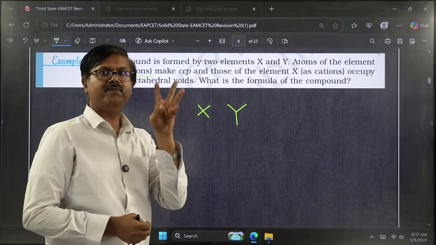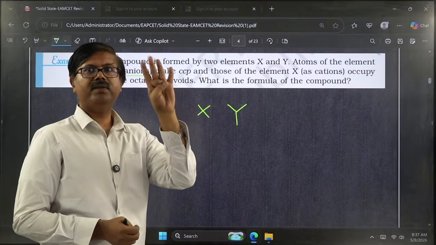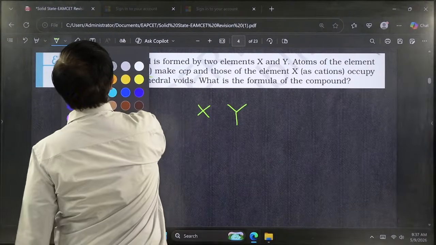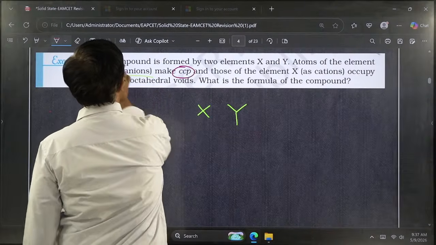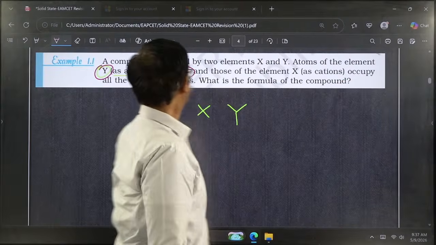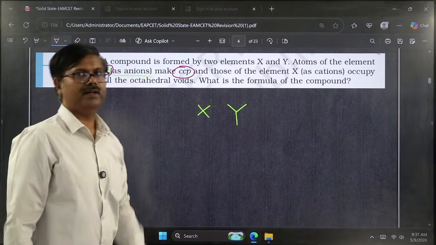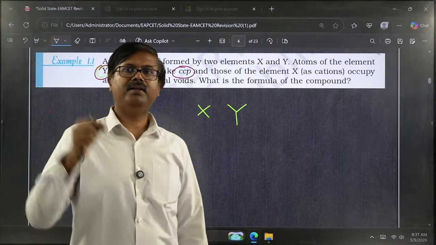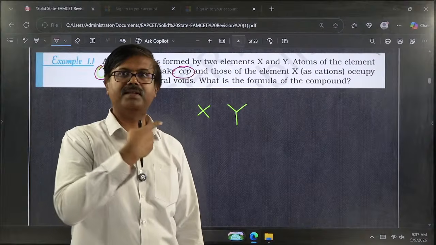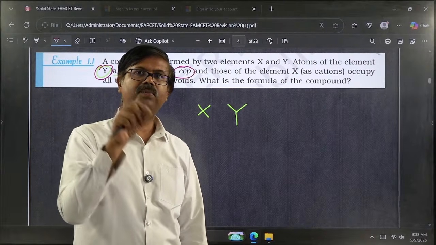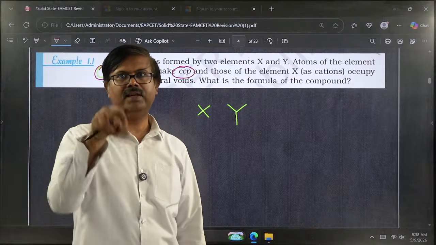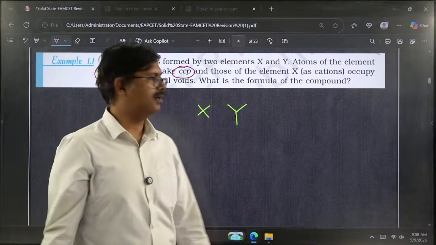Just now we have discussed FCC or CCP, 4 atoms per unit cell. And those of element X, which are cations, occupy all the octahedral voids. The cation X is occupying the empty spaces. Which empty spaces? There are two types in CCP. It is occupying only octahedral because its size allows it to fit there only.